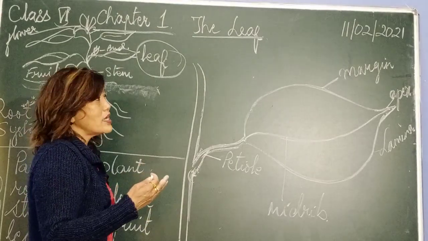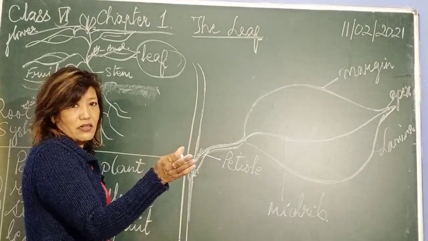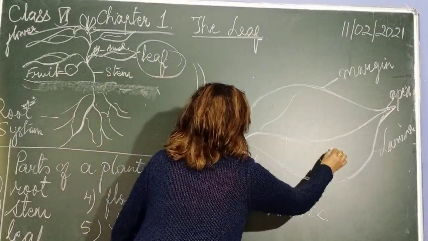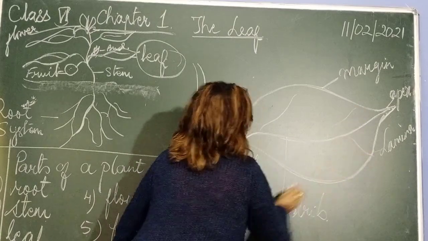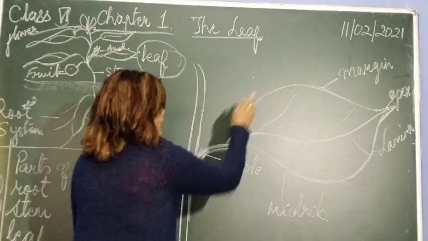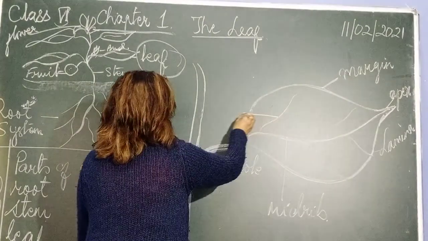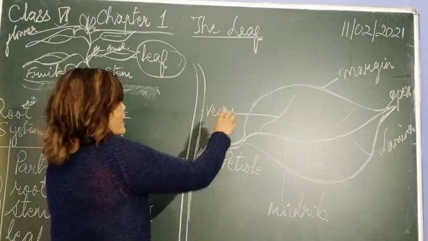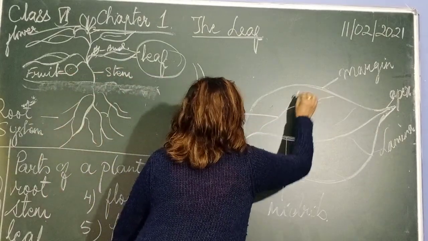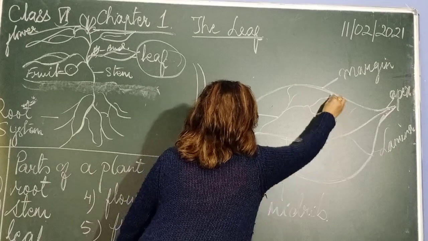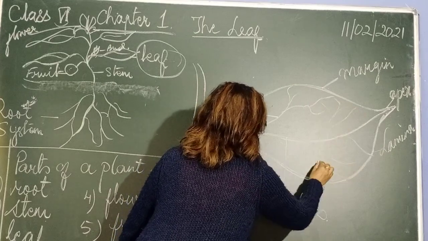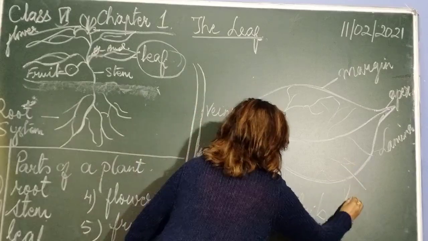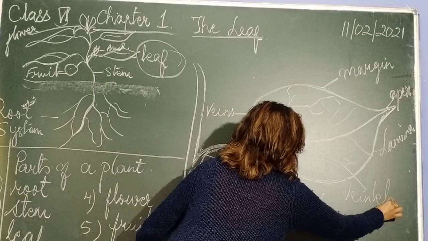Lateral means the branches that arise to the side. So some lateral branches arise from the midrib, moving to the side, and those lateral branches are called veins. These veins are further branched out to form veinlets.